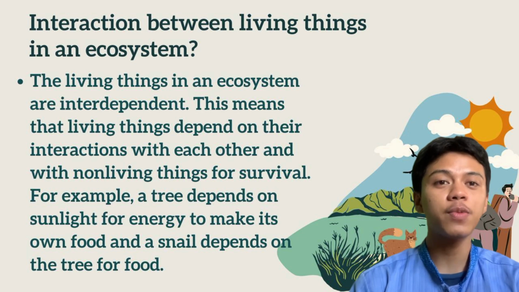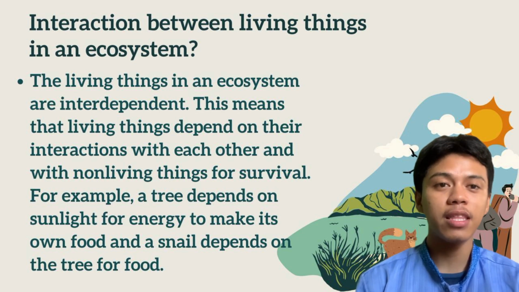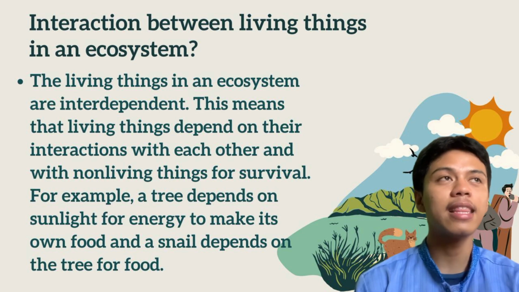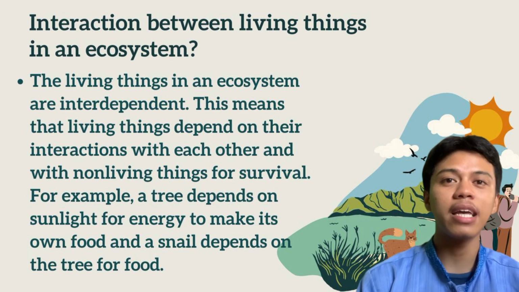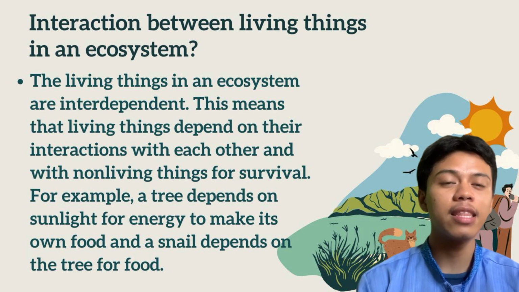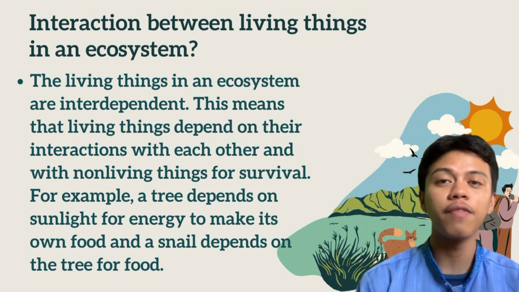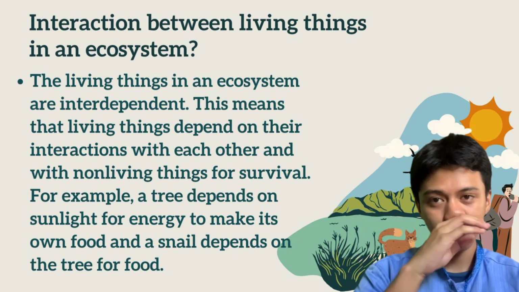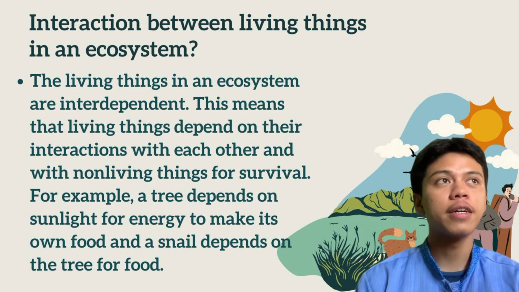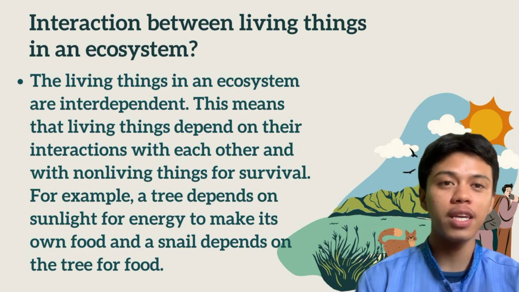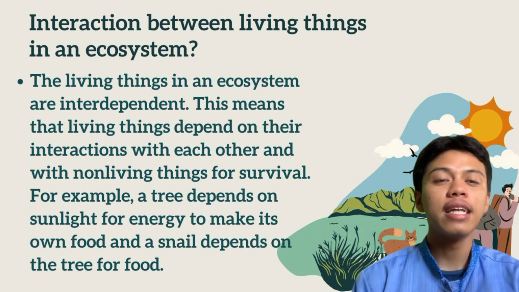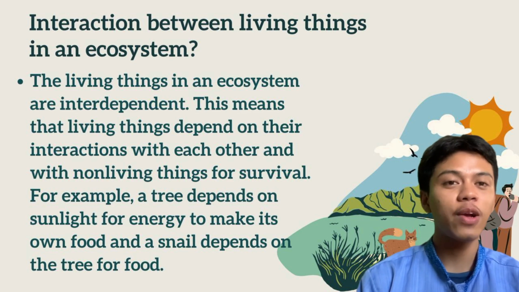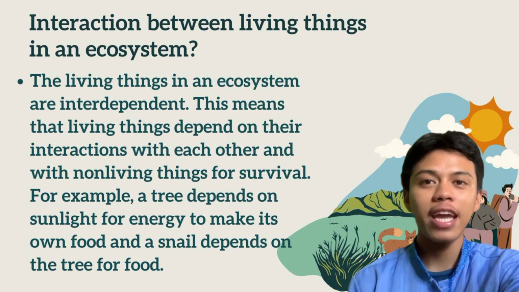Just like us humans, we depend on the non-living things, which are the air, the sunlight, and the water, for us to be able to survive. Just like the other animals, they depend on the non-living things to survive also. That is the goal of this lesson, to understand the interactions between the non-living things and living things in coral reefs and tropical rainforests.